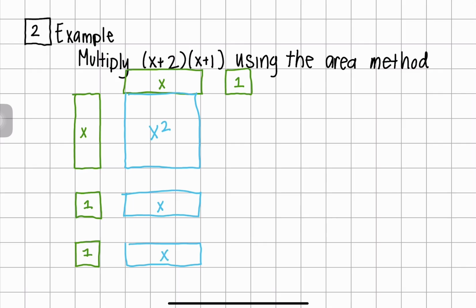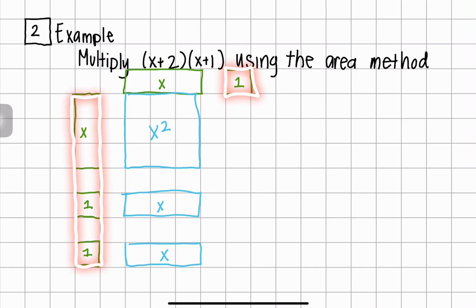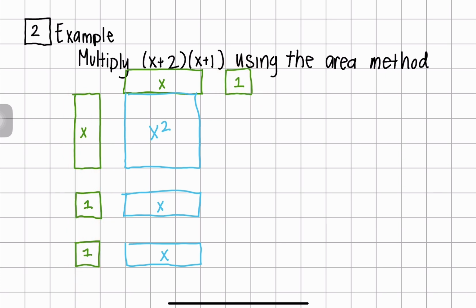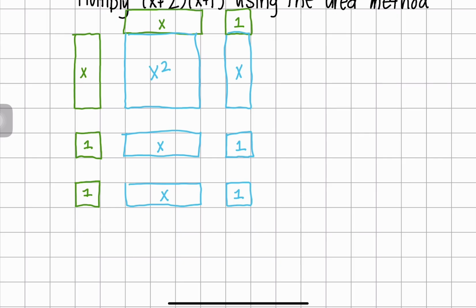Now we're going to move on to this 1 part and multiply it with our x plus 1 plus 1. So we have 1 times x, which is x, and then we have 1 times 1, which is 1, and 1 times 1, which is 1. So where we want to go from here is we just want to combine everything, and what I mean by that is just combine our like terms.